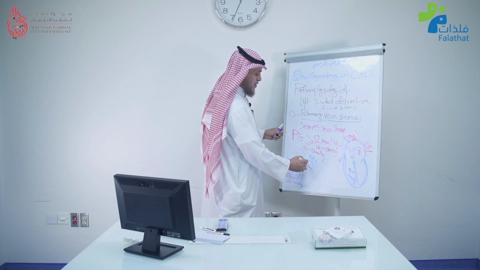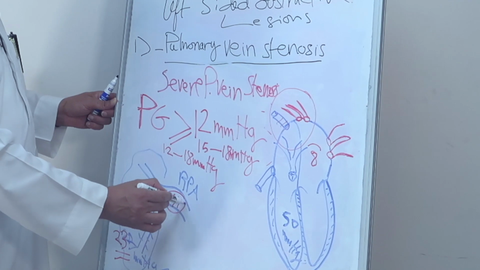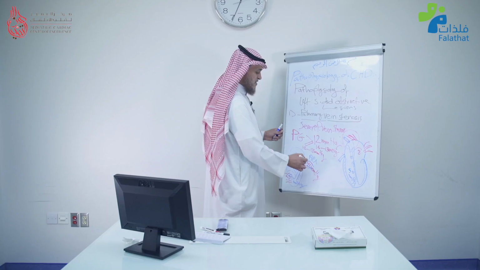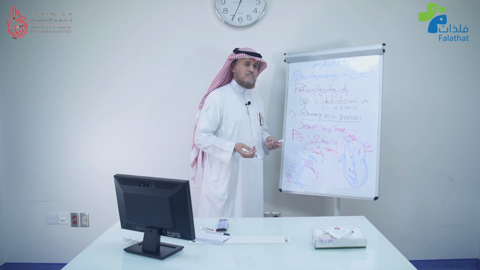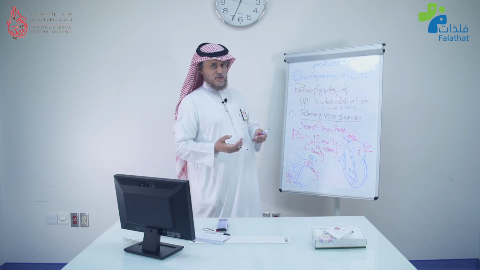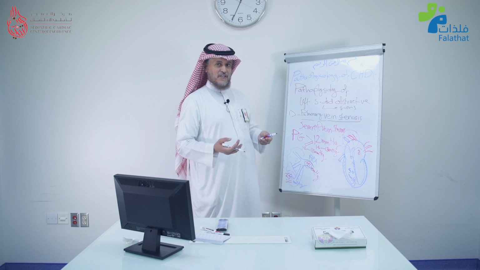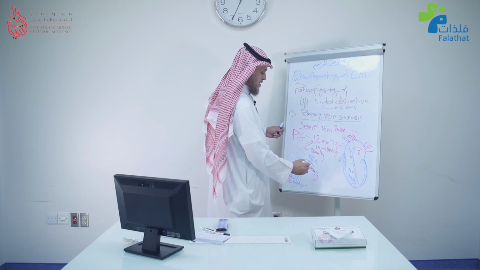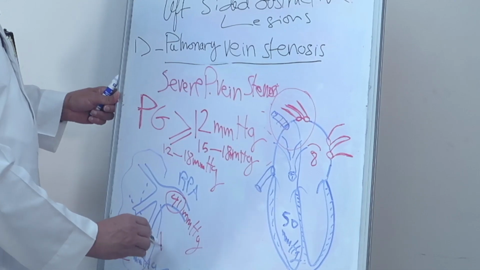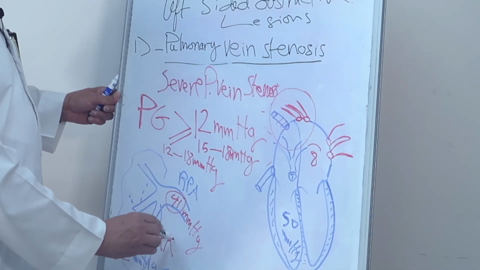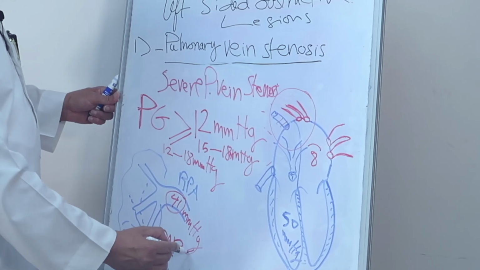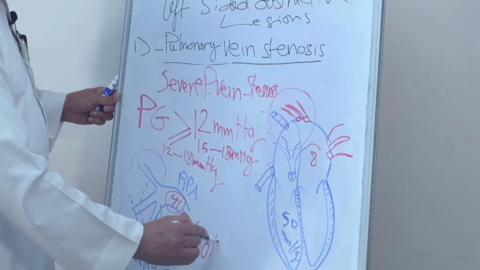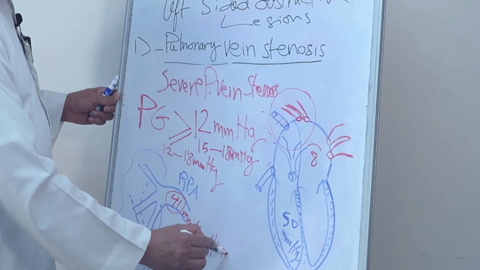If the mean here becomes 41 millimeter mercury, and we assume a difference between the mean of around 20 to 30, if we just take a 20, then the systolic PA pressure in such situation will equal 20 plus 41, that's 61 millimeter mercury.